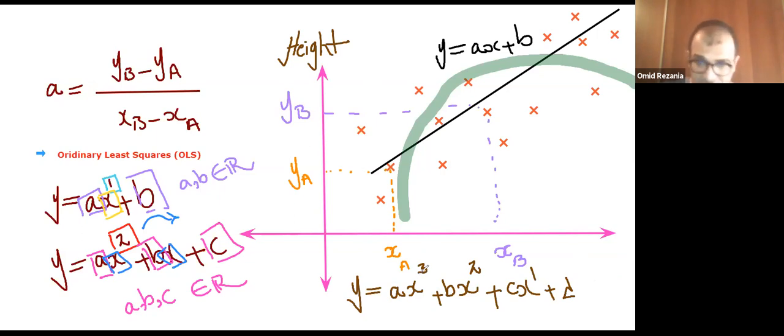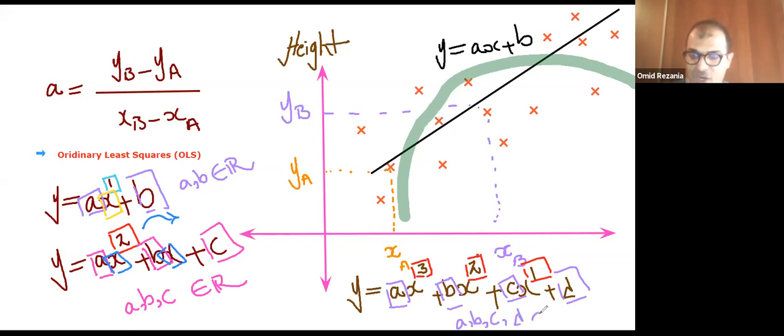And you see that it's going to be a polynomial of degree 3 because the highest power of your variable, which is x, is 3. We have 2, we have 1, and also d is a coefficient, which we call the intercept. And based on the things that we have learned, we have to restrict our coefficients: a, b, c, and d should all belong to the real numbers.